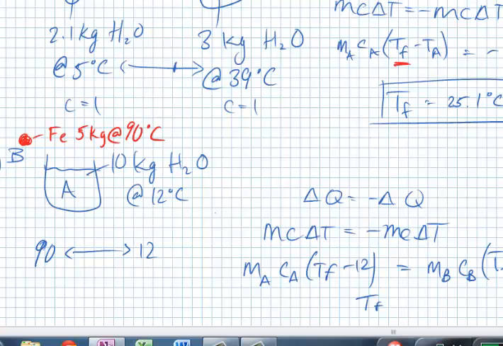And the material with the higher specific heat will usually, let's call it, win. The final temperature will be closer to that one. So the water is going to win out here. Also because of the mass, the water has more mass and a higher specific heat. So you'd expect the final temperature to be very close to 12, and in fact, we find it to be, I believe, about 16.4 degrees Celsius.